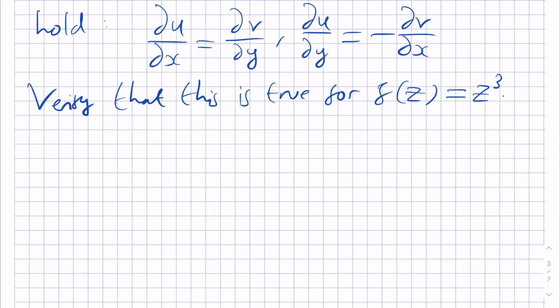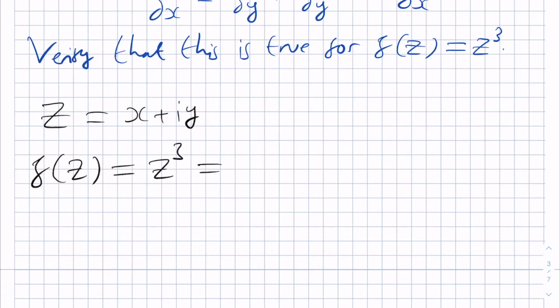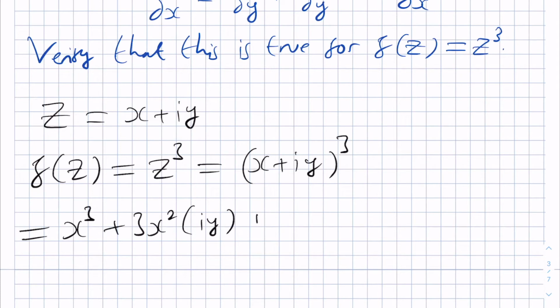So we begin by decomposing this f of z into its real and imaginary parts. We write z equals x plus iy, and then we have f of z equals z cubed, which is (x plus iy) all cubed. By expanding with the binomial formula, we will have x cubed plus 3x squared iy plus 3x (iy) squared plus (iy) cubed.